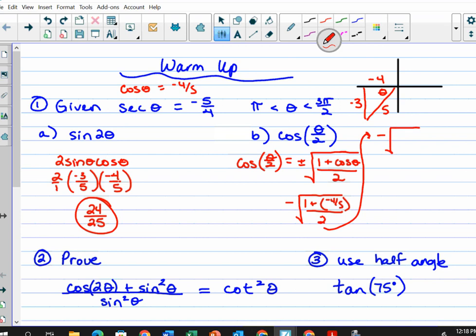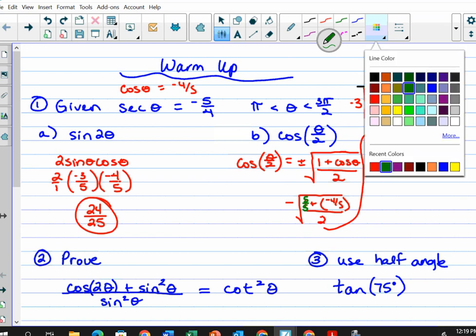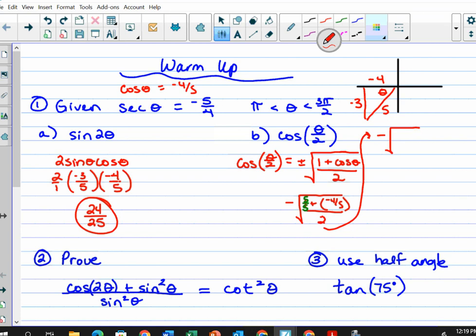So you choose between 270 and 180? Yeah, because it's in the 3rd quadrant. Okay, the 1 I'm going to make a 5 over 5. What is 5 minus 4? 1. So I now have 1 over 5. And then divided by 2 is the same as multiplying by 1/2.